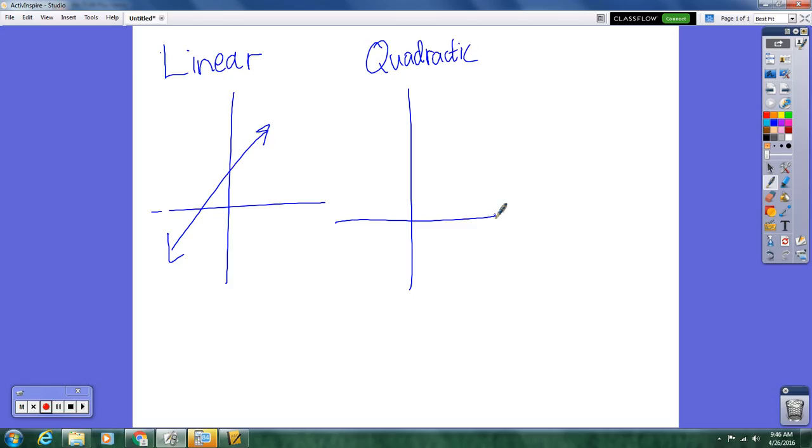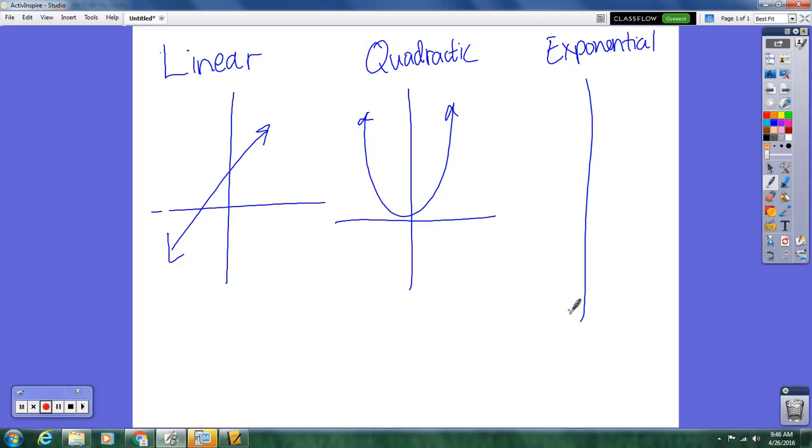Looks like a U, right? And exponential looks like a what? It either goes up really quick or goes down really quick, so it looks something like that. And that point is usually 0, 1.